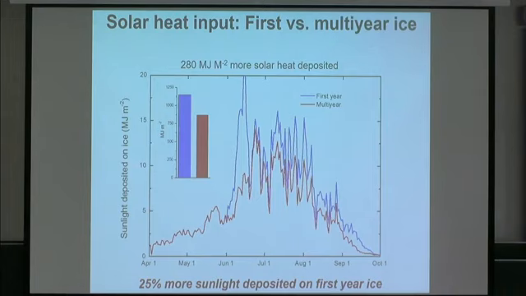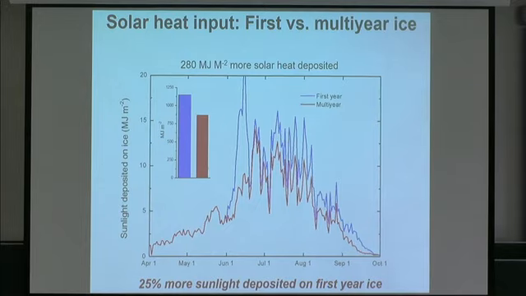The heat input's the same as long as there's snow, but once the snow is gone, there's more heat input for the first-year ice, and a lot more in early June when we see this extensive ponding in the first-year ice. If we integrate this over time, we see that there's around 25% more solar heat input into the case with first-year ice.